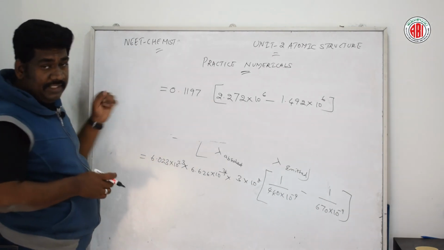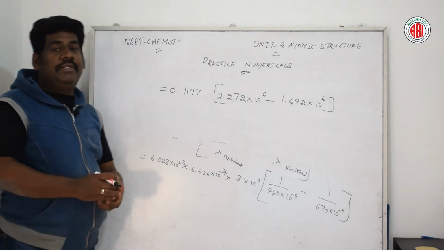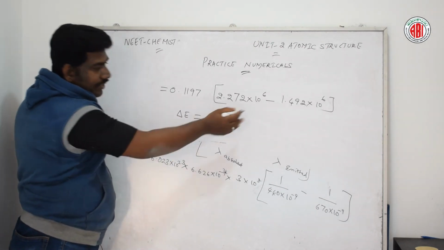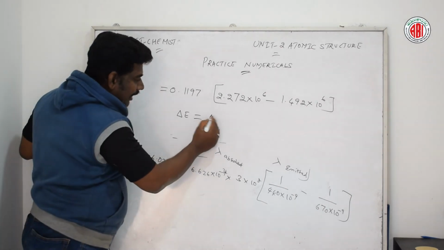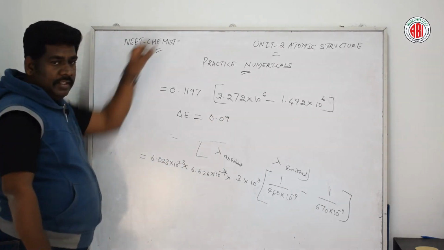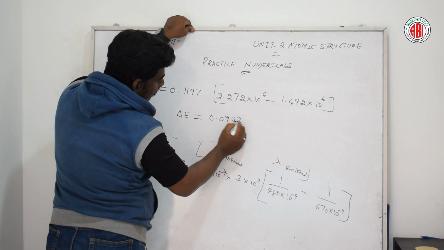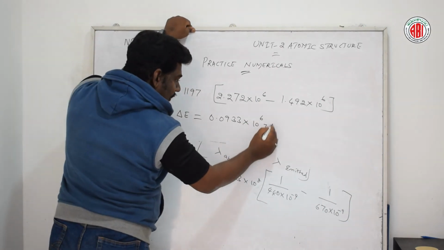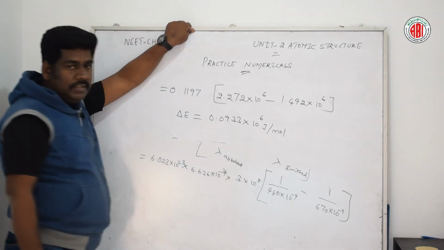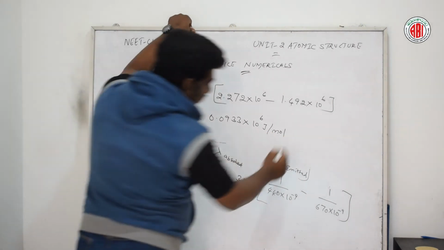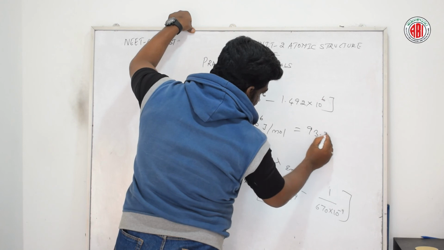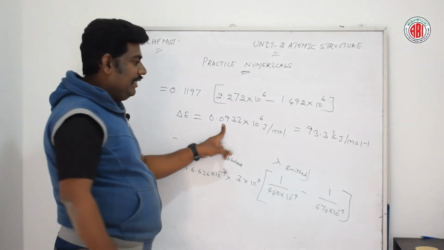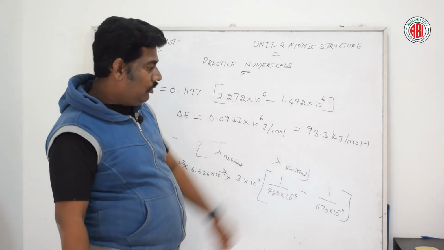Simplifying this, we could get the change in energy, delta E. So the delta E value is 0.0933 into 10 to the power of 6 joule per mole. That is nothing but 93.3 kilojoule per mole, converting this value into kilojoule per mole.